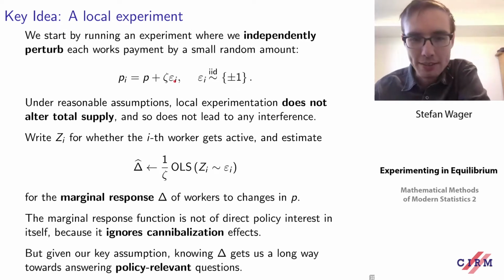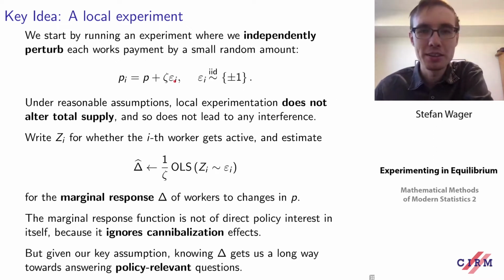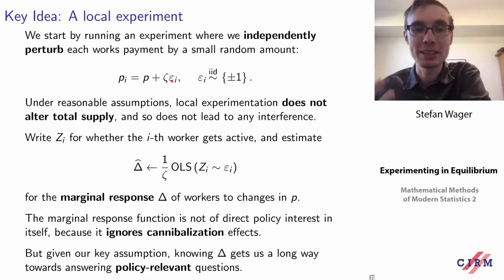So that's at a high level. I should also note that if any of you have a background in econometrics, this might feel a lot like instrumental variables regression, and it really is. Think of epsilon as a perfect randomized instrument for shocking p_i.